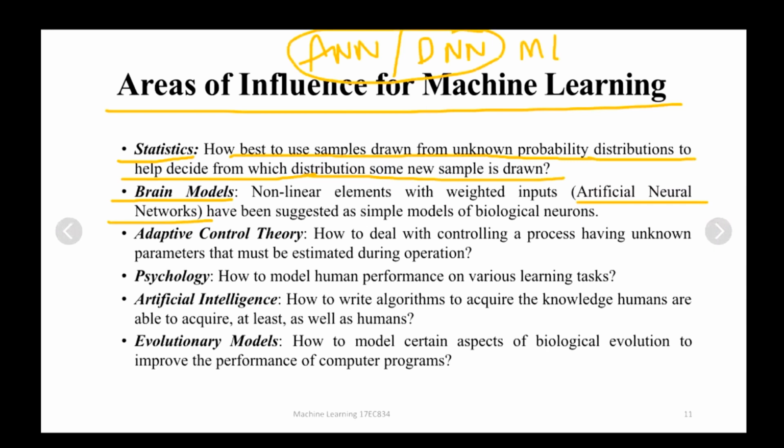Adaptive control theory. Whenever you come across adaptive, in the sense it is not a constant. Looking at the scenario, it will try to adjust itself. That is called adaptive control theory. Electronic stability program, ESP, which is there in automobiles, especially cars, will avoid the car getting tilted in turnings if it is moving at so much speed.